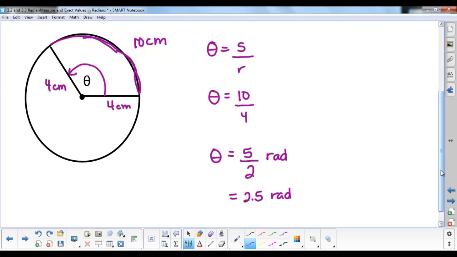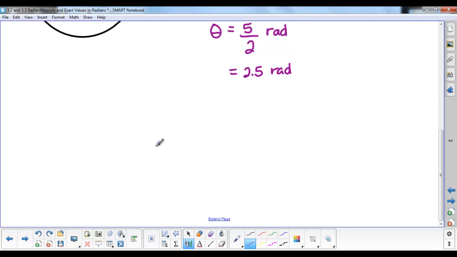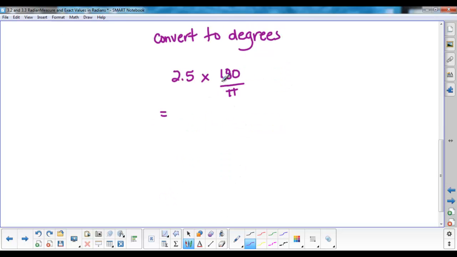Okay, so now let's change this 2.5 radians into degree measure. Same as the last slide, we're going to take our 2.5 and we're going to multiply by 180 over pi. That will give us, numerators times numerators, 450 over pi.